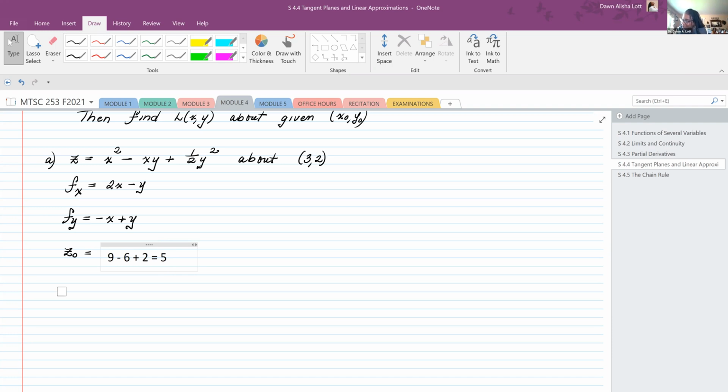Okay, so therefore L of xy is equal to 5 plus, oh, we got to figure out what f sub x is. F sub x at 3, 2 is 2 times 3 is 6 minus 2 is 4.